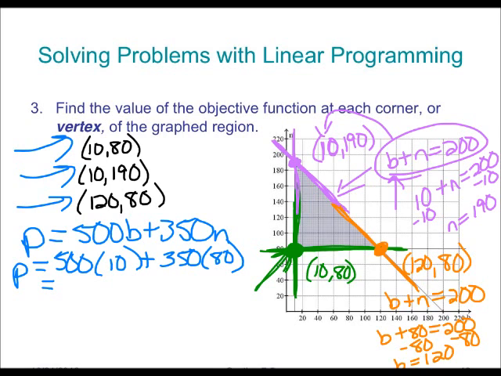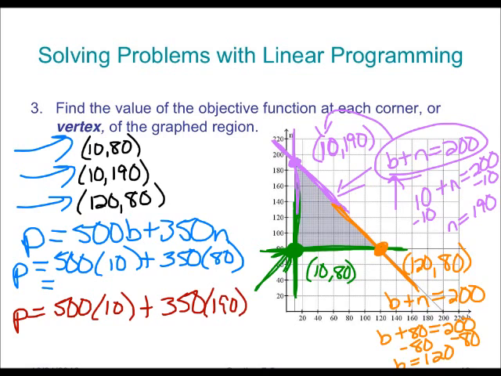And when I go to the next slide, hopefully I have that information, otherwise I'll try and find a calculator. I need to plug in the second point the same way. P is equal to 500 times 10, we're doing the second point now, plus 350 times 190, and figure out what that value is.